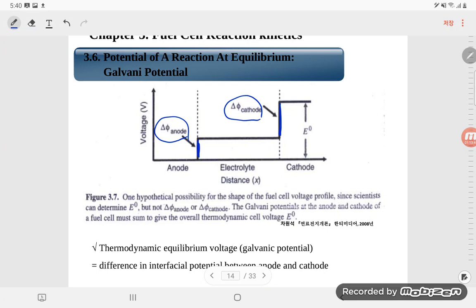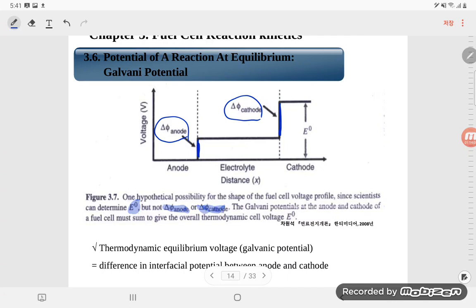One hypothetical possibility for the shape of the fuel cell voltage profile is expressed in this figure, and since scientists can determine only E0, we can know about E0, but not each delta pi for the anode and delta pi for the cathode.